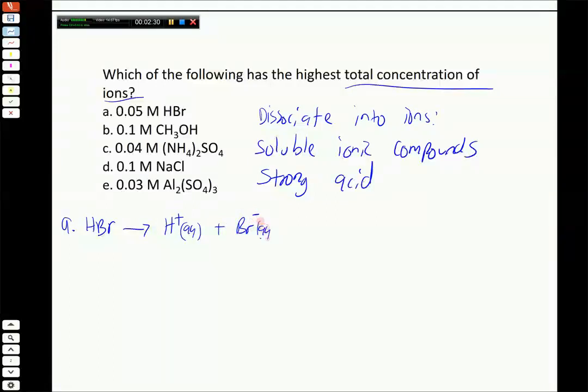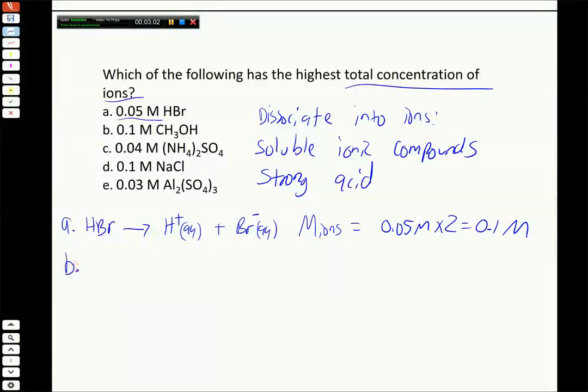And then the total molarity of all ions is going to be the molarity of the solute, 0.05 molar, multiplied by 2 because each mole of HBr gives us 2 moles of ions. 1 mole of H plus, 1 mole of Br minus, total of 2 moles of ions. So the concentration of all ions in this solution would be 0.1 molar.